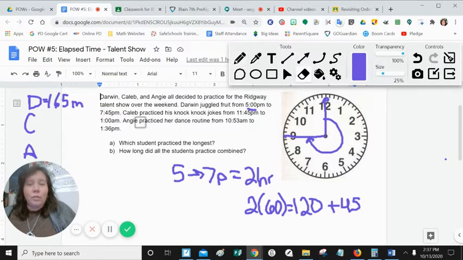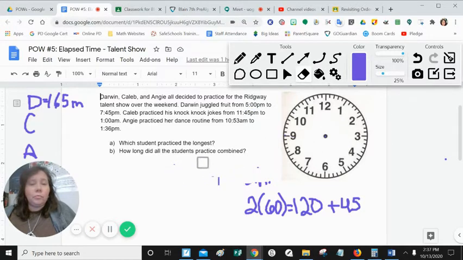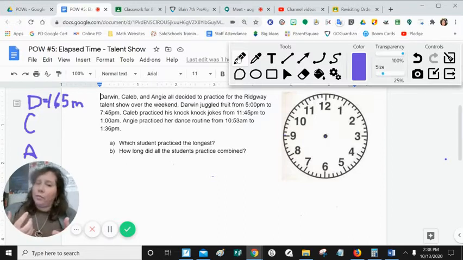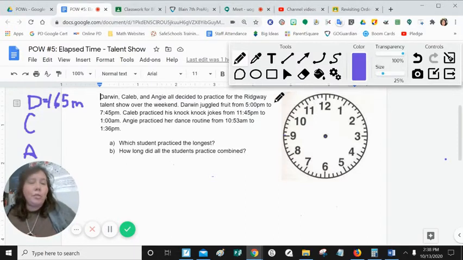So now let's erase Darwin's work, and we'll figure out Caleb. Caleb's time crosses over the 12-hour mark, and so does Angie's. So these are going to be done a little bit differently. Again, I'm starting with the start time of 11:45.